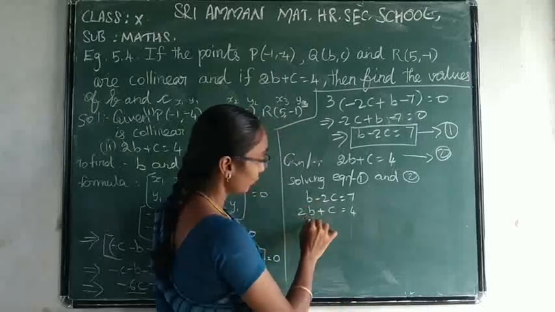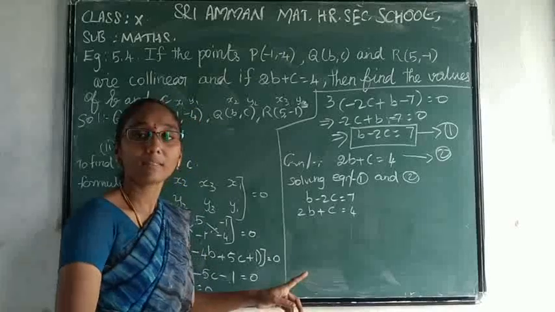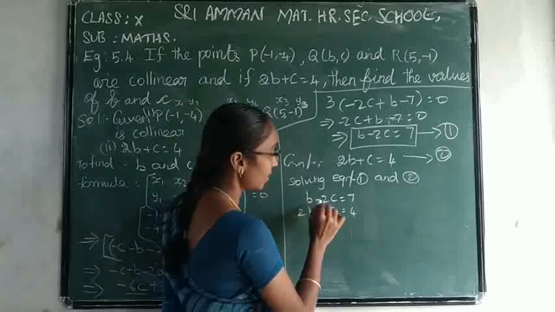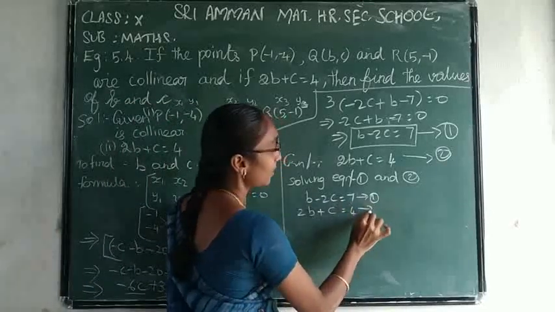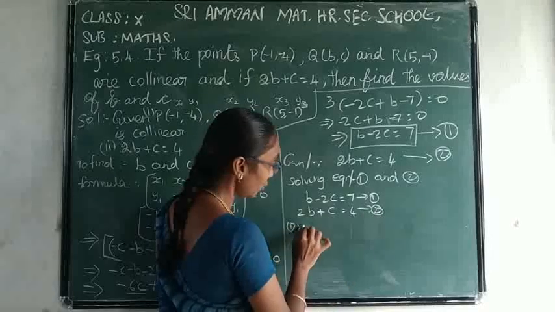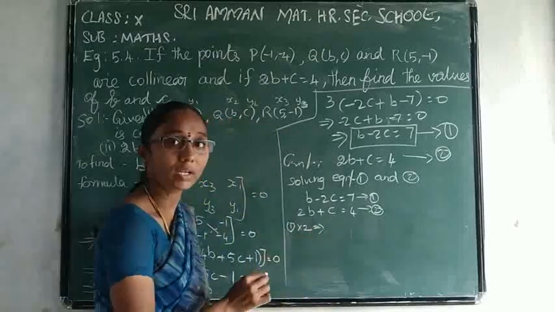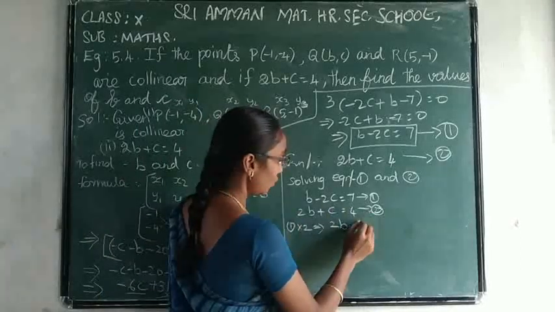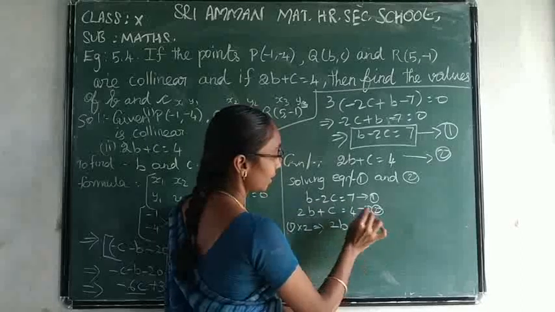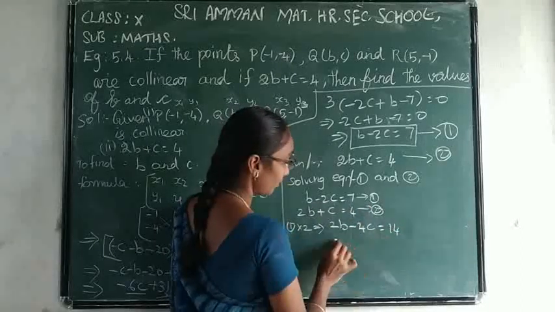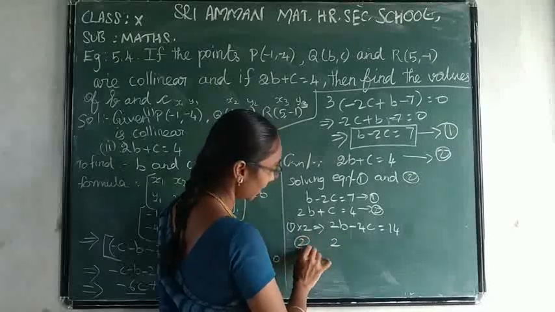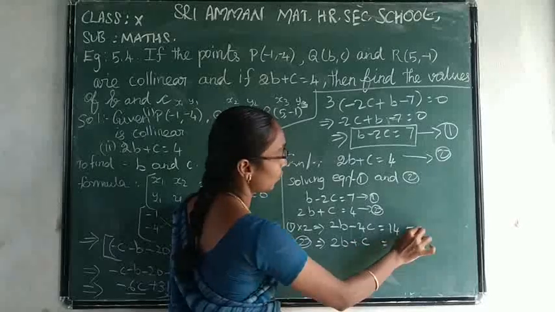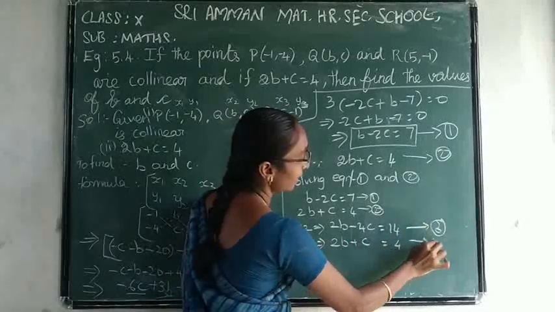If the coefficient of any one variable is the same, we can solve easily. So the first equation is multiplied by 2: 2b minus 2 into 2, 4c, equal to 2 sevens are 14. And the second equation, write in this way: 2b plus c equal to 4. This is the third equation, this is the second equation.